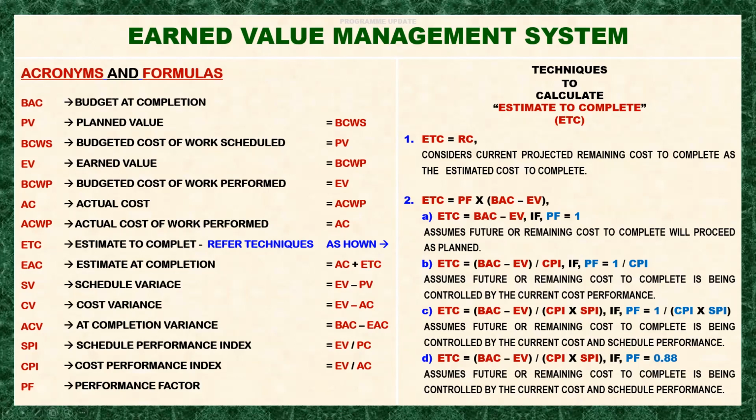Because if we use a number less than 1 for the performance factor, we have to put the variable here. I'm sorry for that. I missed putting the variable here, which is PF multiplied by, because our general formula has PF, so that is why it should have a PF.